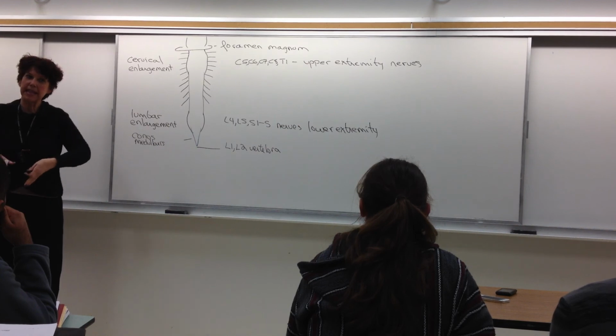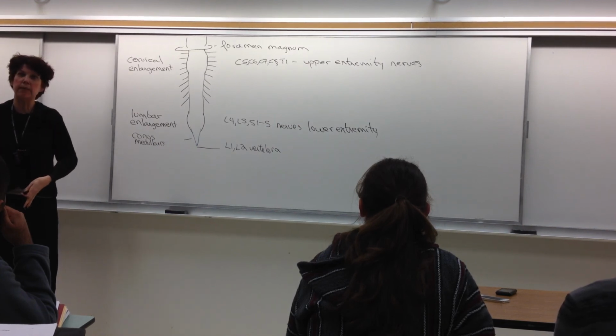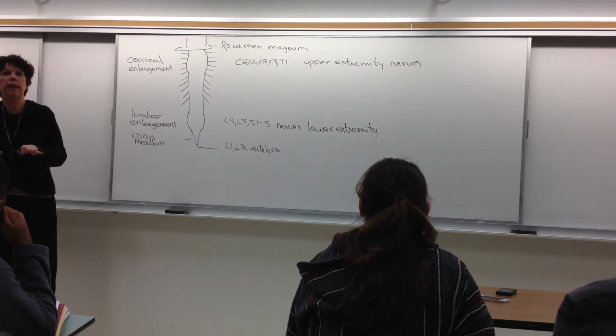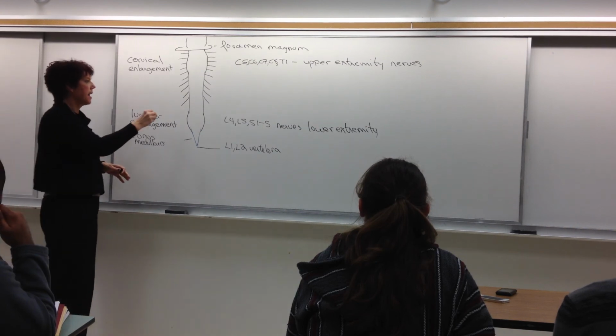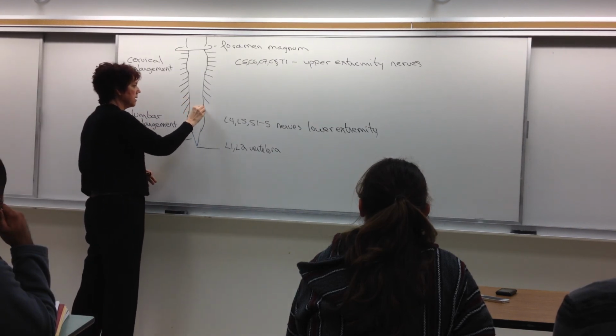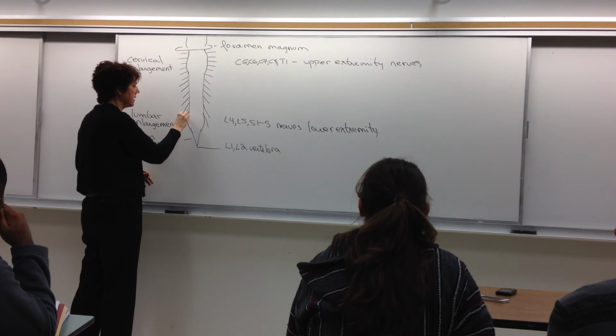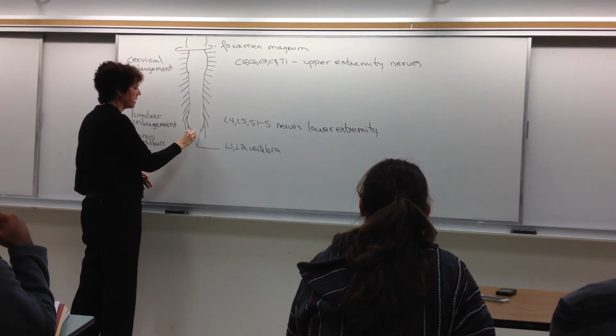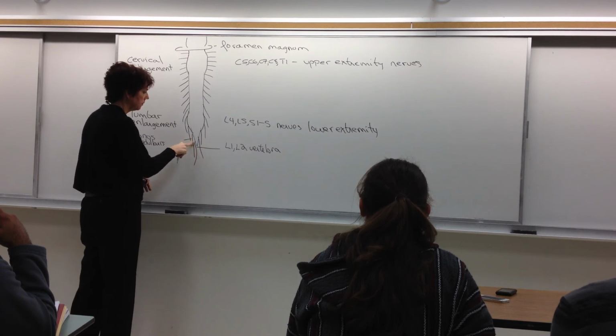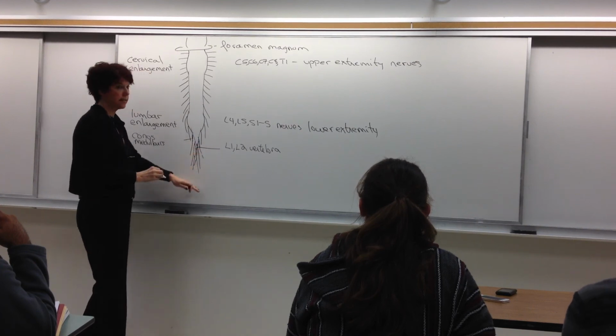So we start to see the spinal nerves having to angle downward to find their appropriate intervertebral foramen. That becomes more and more pronounced until, of course, the ones that are coming off the sacral portion of the spinal cord have to travel quite far to find their exit. And we have only spinal nerves in this lower portion.